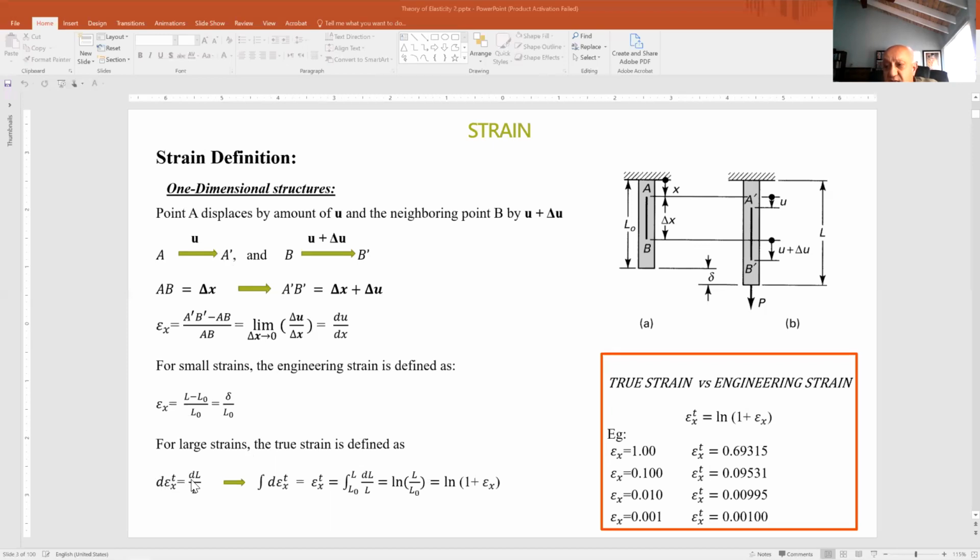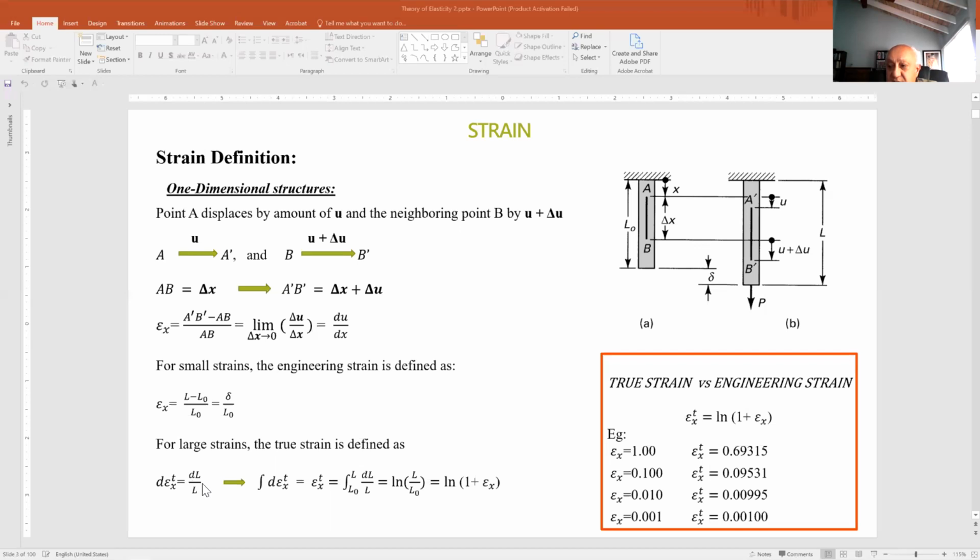dL over L. That is, we are not going to subtract initial length from final length divided by initial length, but we look into the picture at instantaneous time.